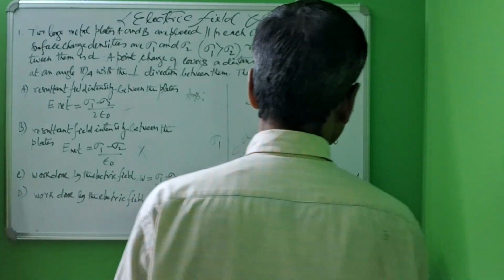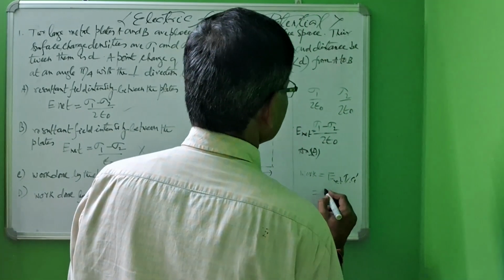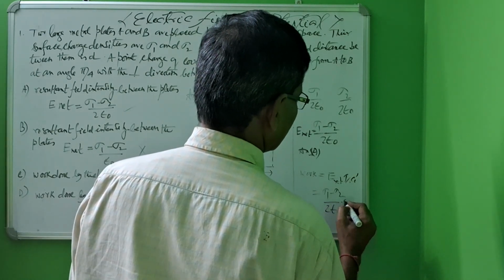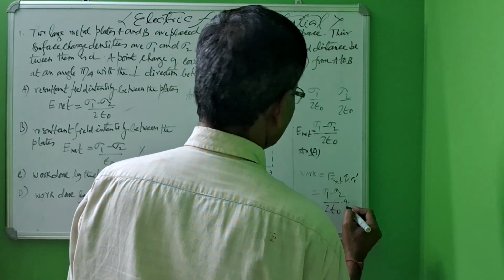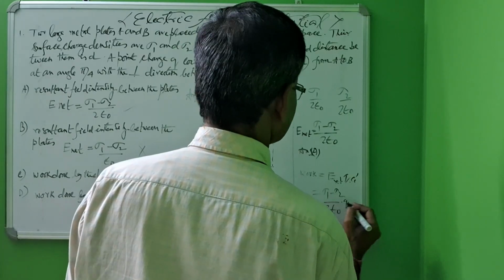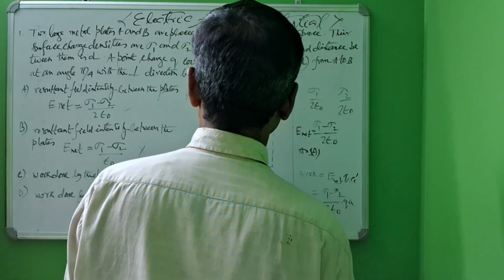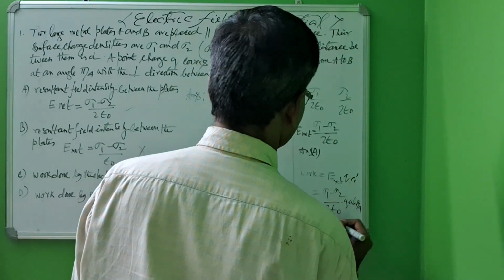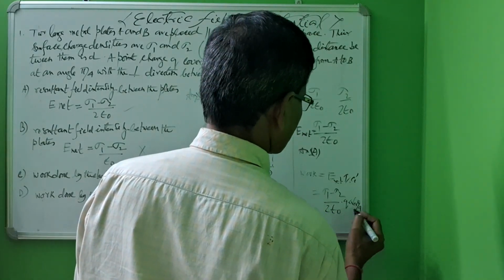So this equals sigma 1 minus sigma 2 divided by twice epsilon naught into Q into A dash, and A dash equals A cos pi by 4, which is A by root 2.